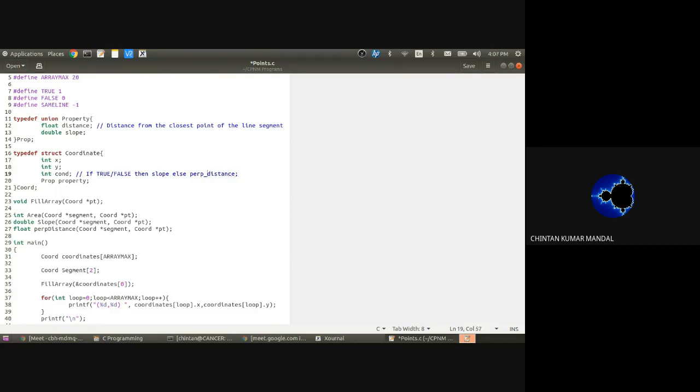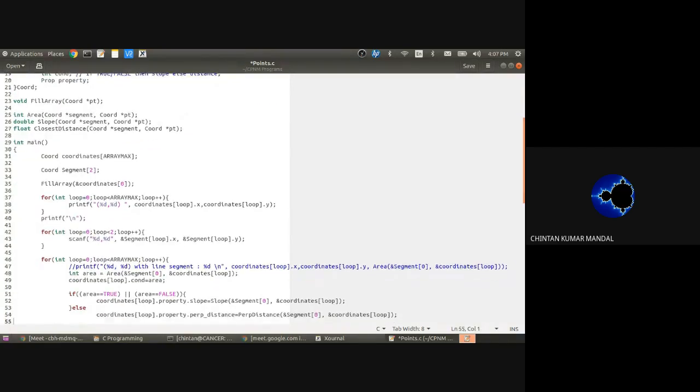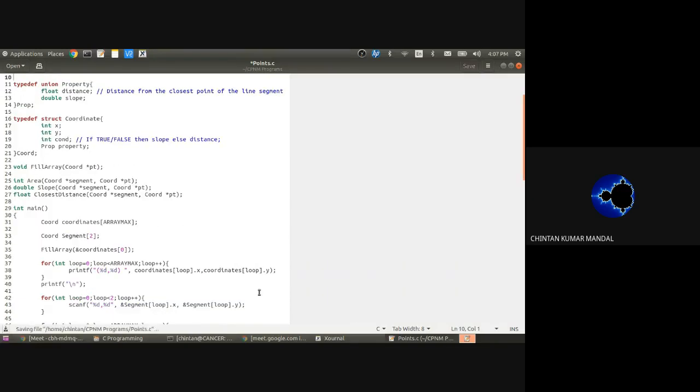Else, right? So this can be a good one: the closest distance.